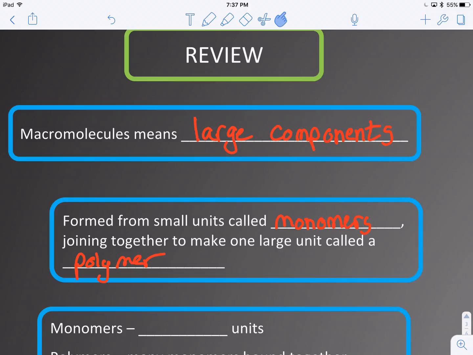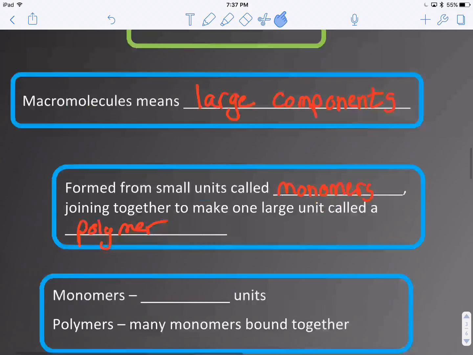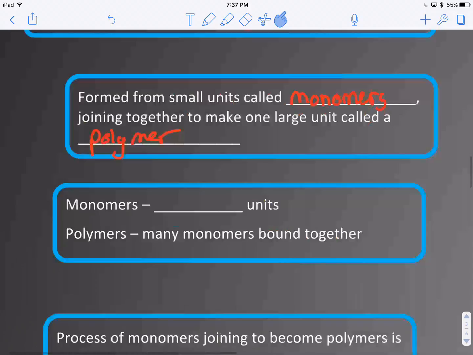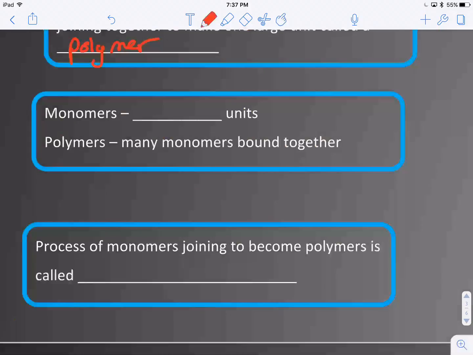Monomers are these individual units, while polymers are many of these monomers that are bound together. And this happens in a process which we call polymerization.